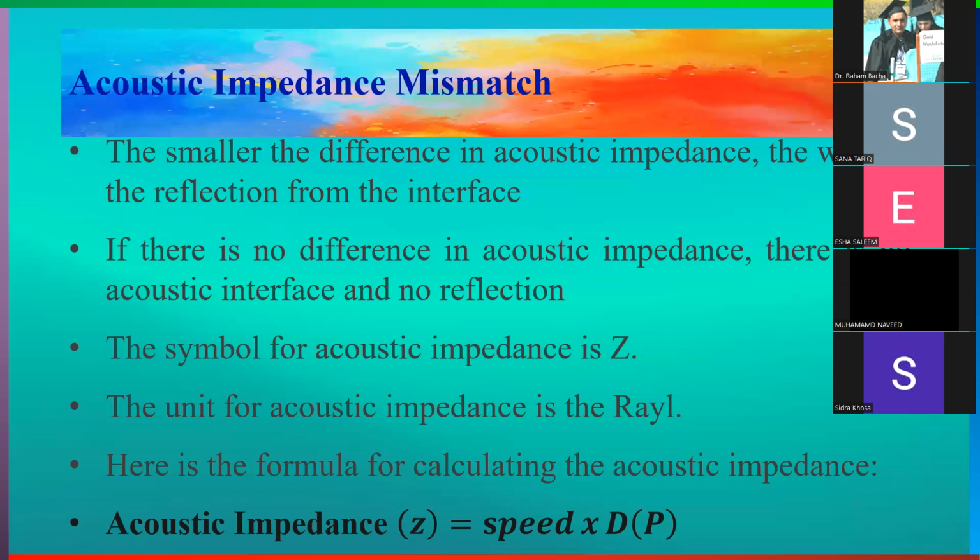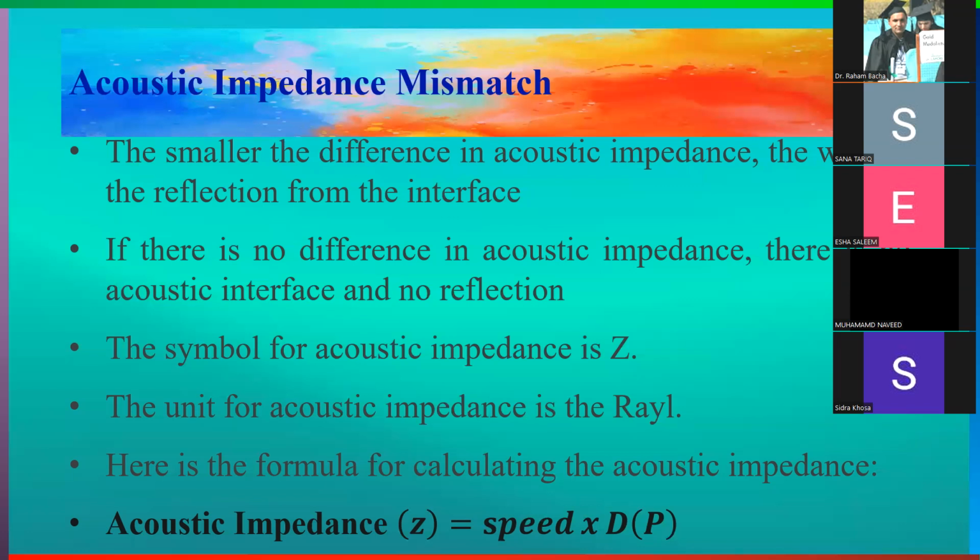Speed of sound in air is 330 meters per second, that of soft tissue is 1540 meters per second, and that of bone is 4000 meters per second, and so on.